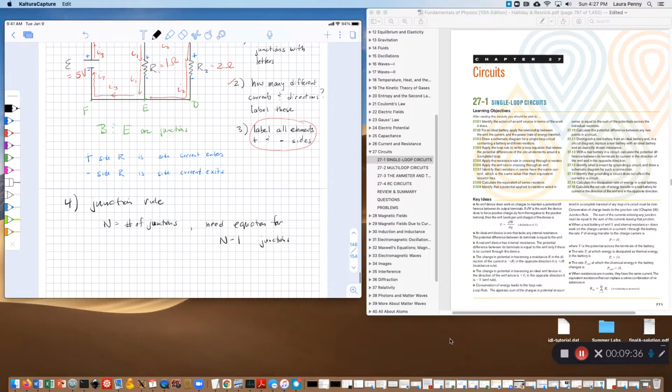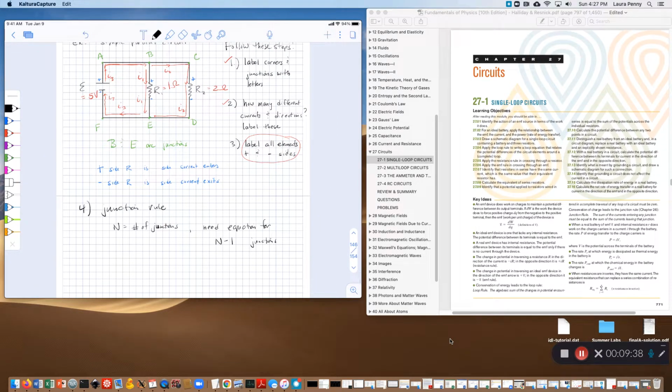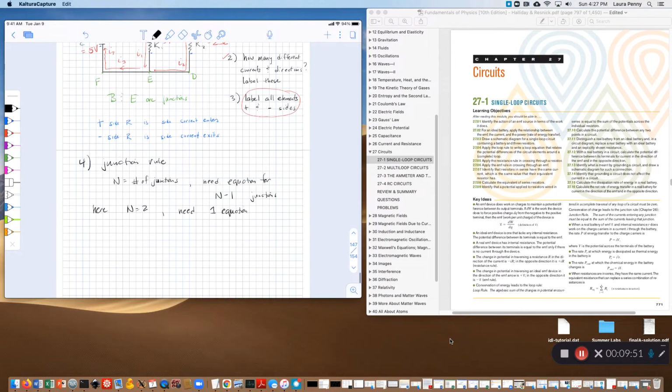So here I have 2 junctions. So I need 1 equation. I need to get a junction rule for one of them. So I'll go ahead and I'm going to use junction B.